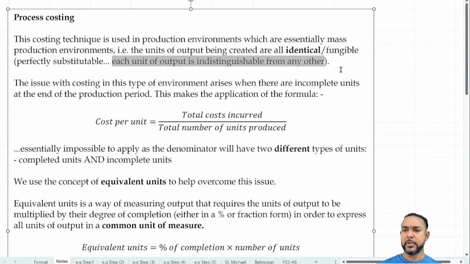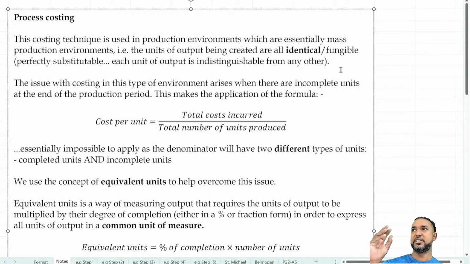Right? So the other system of costing we were exploring before this was job costing. And a job was a specifically identifiable unit of output that was separately identifiable and unique relative to any other unit of output. So we had a particular costing system for there. We have a different style of costing for here, a different series of things we have to do.